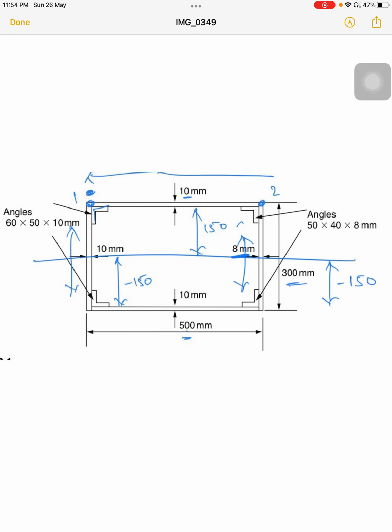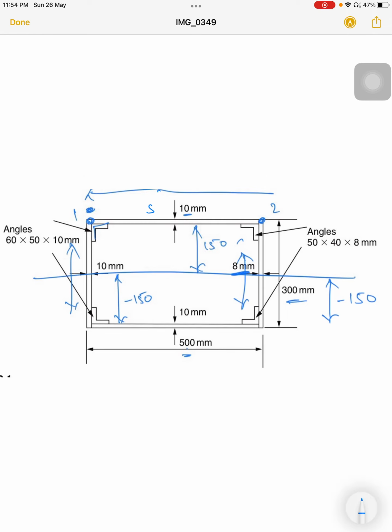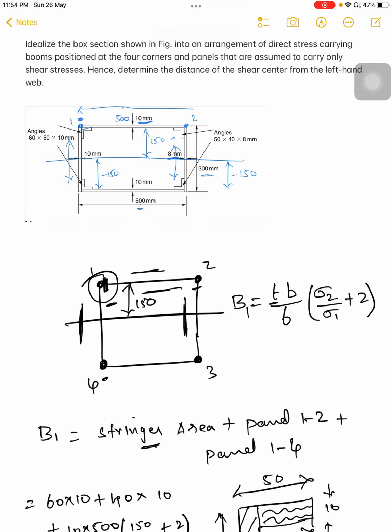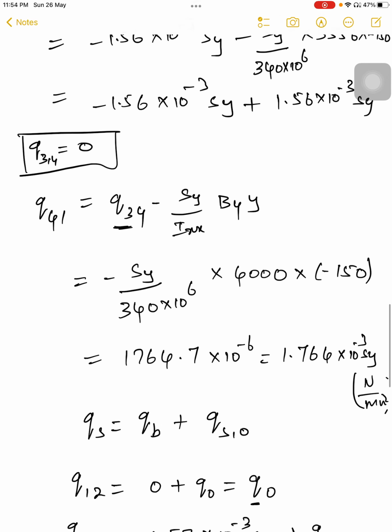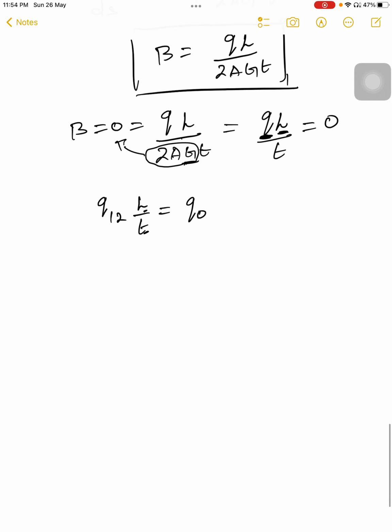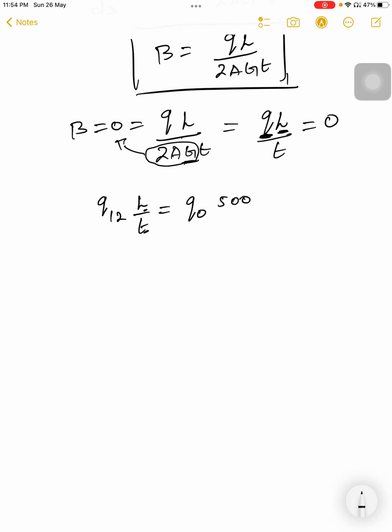For panel 1 2, this length is 500, L is 500 and T is 10. So it will be 500 divided by 10. Similarly, we have to do it for all the 4 sections. So I can write 0 equal to panel 1 2, it is Q0 into L 500 divided by 10.